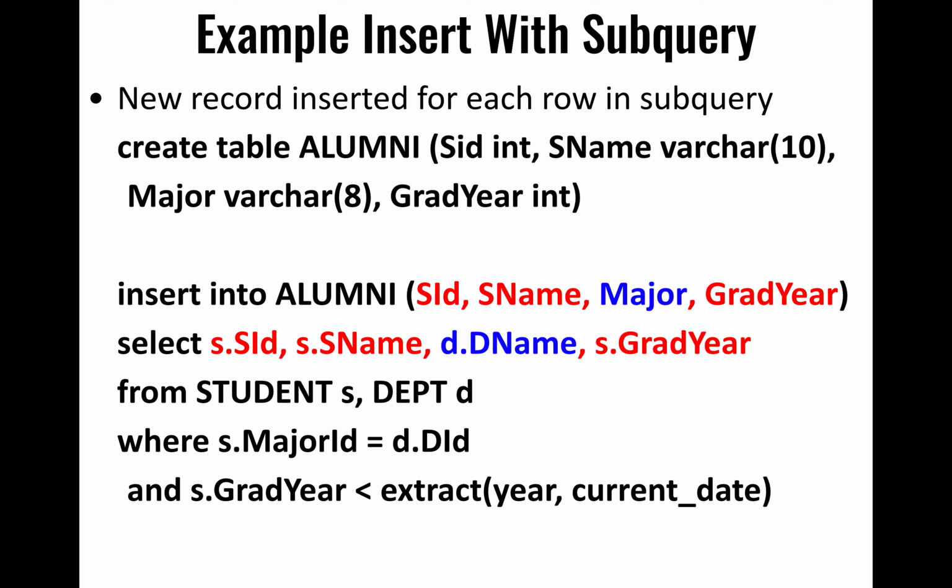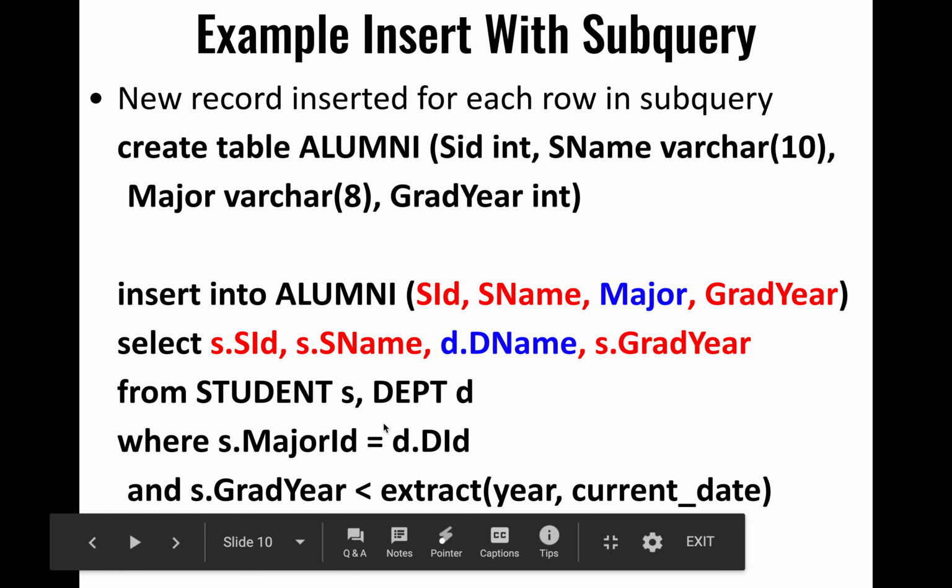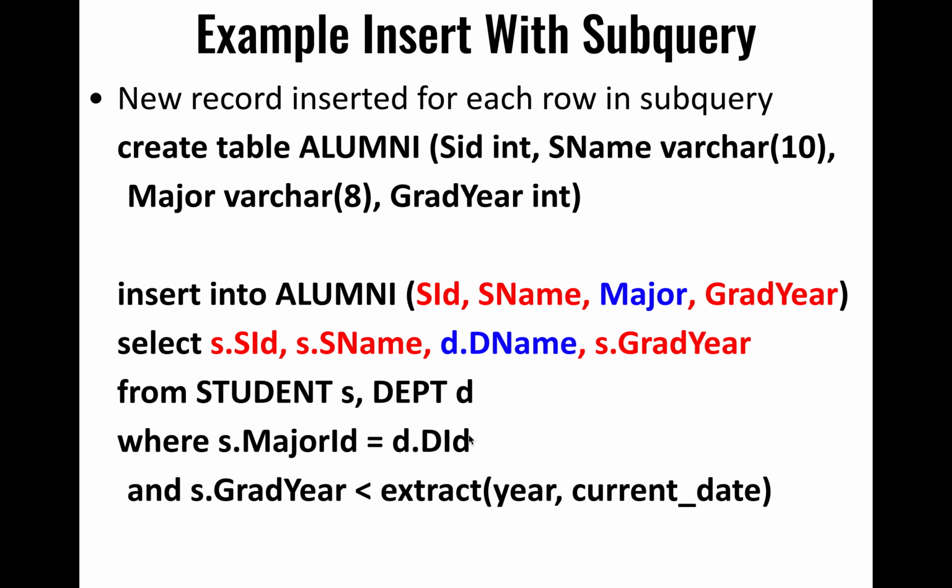Notice that the alumni wants information about the major where they graduated, the graduation year, the student name. So we need to go to two different tables, the student table and the department table. Join these two tables, and when they match, only retrieve those students that have a graduation year that is smaller than perhaps this current year, maybe minus 4 or something, whatever criteria you want, and then copy them over into the alumni table.